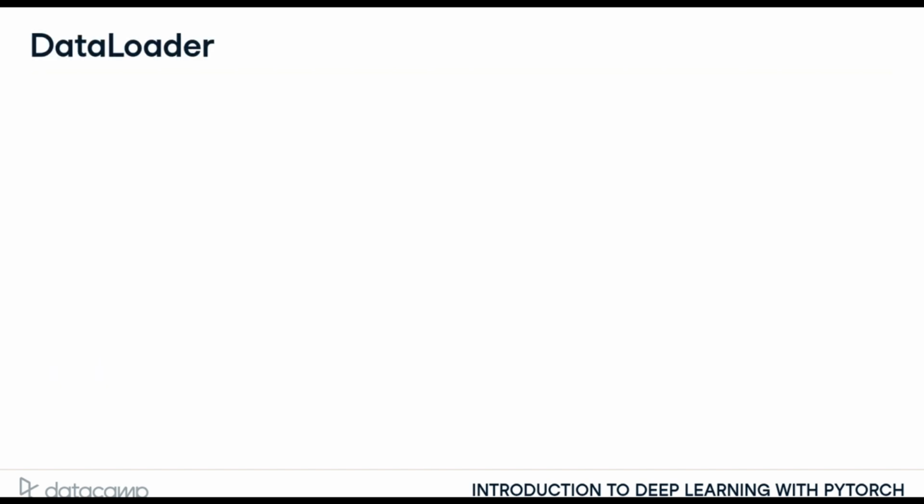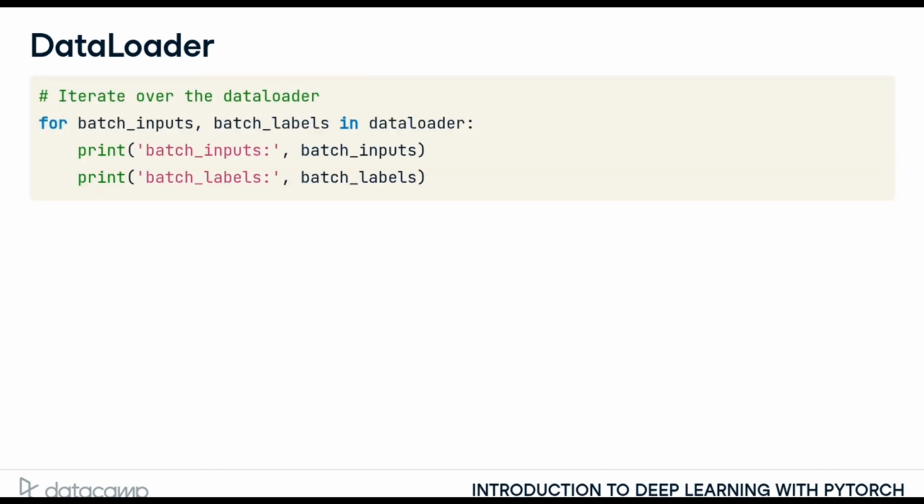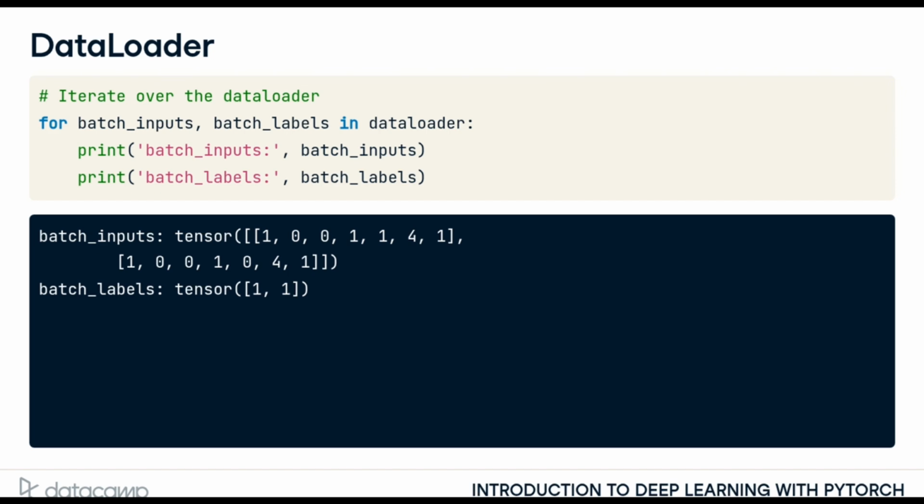Let's iterate through the DataLoader. Each element in the DataLoader is a tuple, which we unpack as batch_inputs and batch_labels. Since our dataset contains 5 animals and we set a batch size of 2, the first iteration randomly selects 2 animals and their corresponding labels.